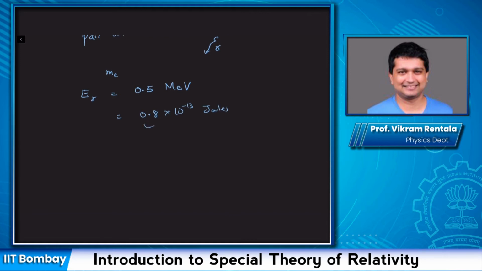So this seems like a very, very tiny amount of energy. And the mass of an electron, if you'll recall, is 9 times 10 to the minus 31 kilograms. The mass of the electron is very tiny, and the energy released when you convert this rest mass into photon kinetic energy is also very tiny.